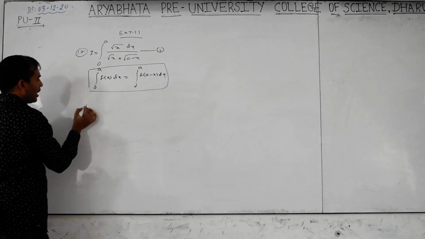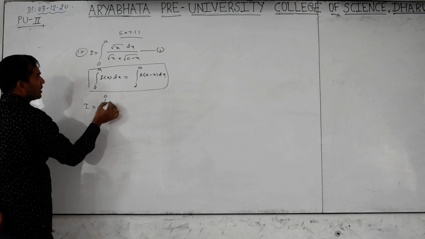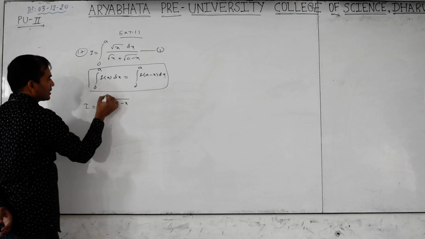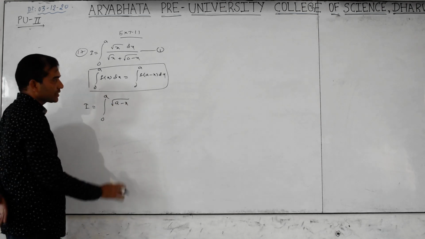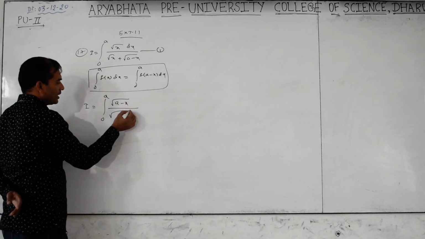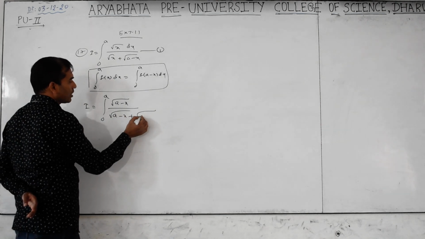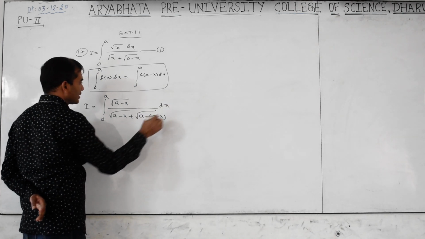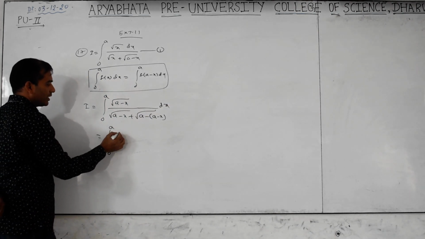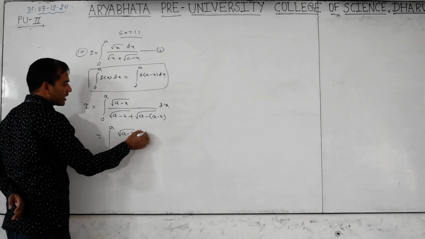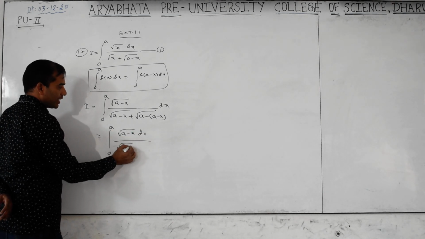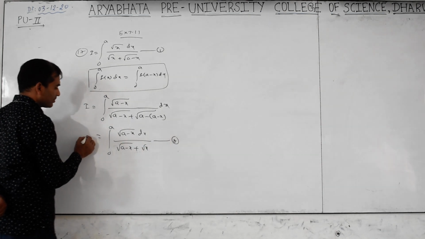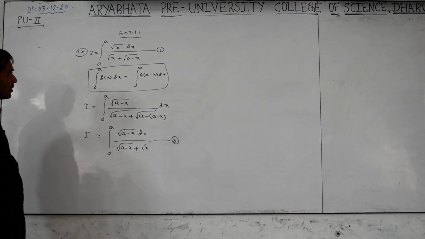So I equals the integral from 0 to a, with x replaced by a minus x, that is sum of the limits minus x, of root of a minus x dx by root of a minus x plus root x. This is the second equation. The denominator is the same.